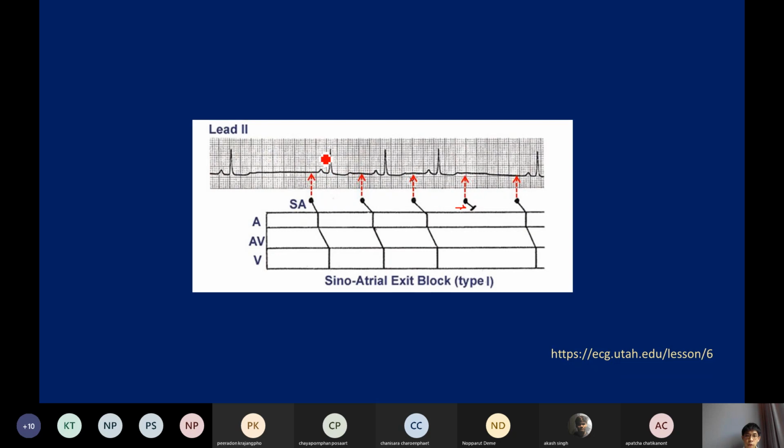The progressive shortening of PP here: this one is longer, this one is longer than this one, and then this P wave just disappears. This is called type 1 second degree SA exit block.